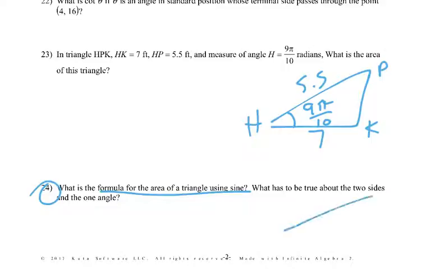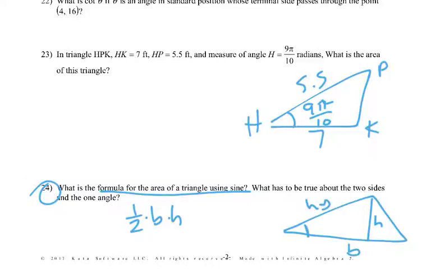Well, if we wanted to, I could show you. Area is usually 1/2 times base times height. Okay, so if I drop a height here, I have my hypotenuse here, and I have the base. Well, if I take this angle, let's call it angle H, the sine of angle H is equal to the opposite side over the hypotenuse.